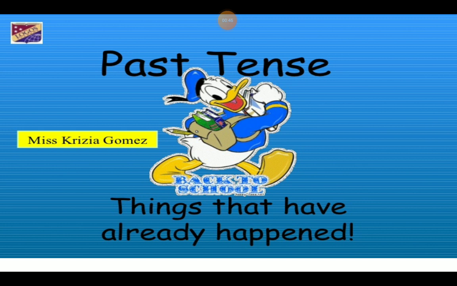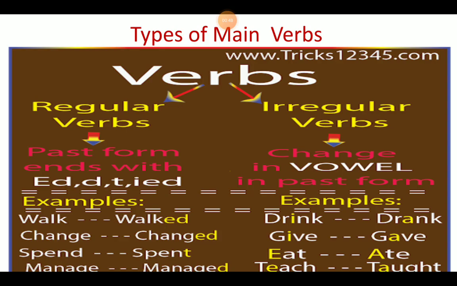So now the topic is past tense. Before going to the topic, we should know what is regular verb and what is irregular verb. There are two types of main verbs. One is regular verb and another one is irregular verb.